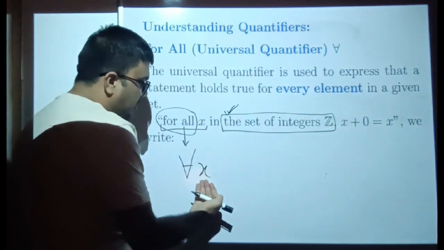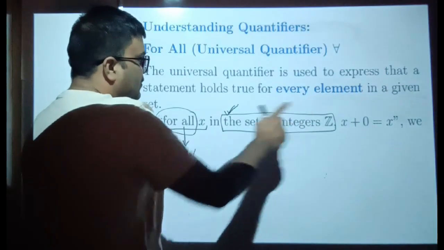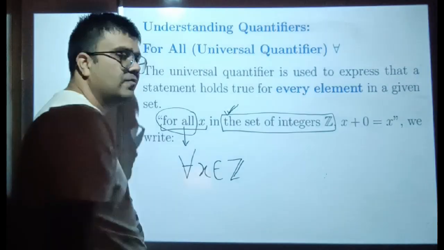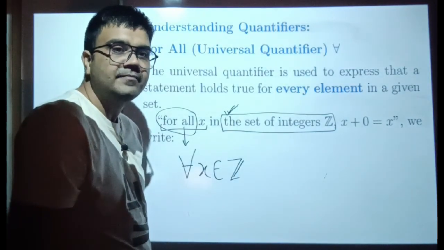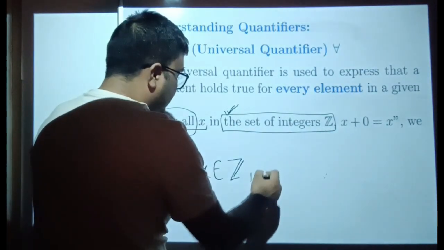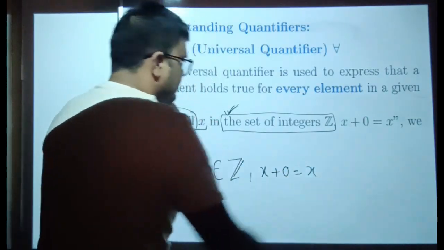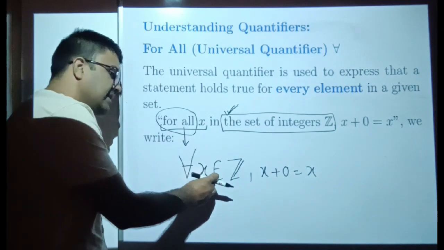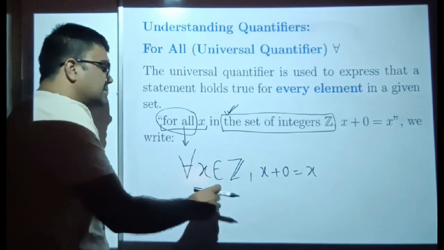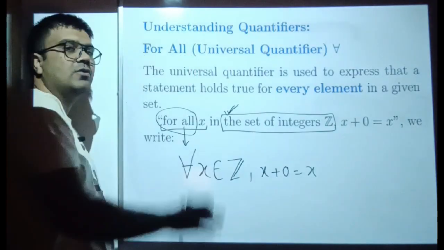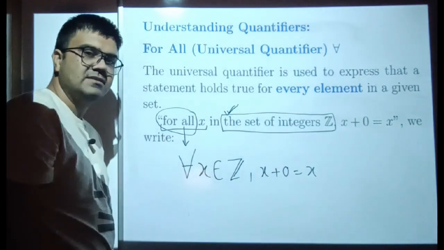It is for all x in the set of integers, where these x belong to the set of integers. What property holds here? x plus 0 is equal to x. It means if you consider any integer, you will have x plus 0 is equal to x. This is called the for all quantifier. It is represented in this form.